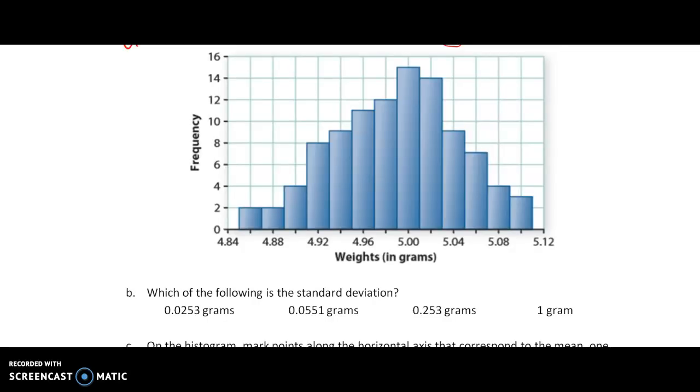First, I should label where the mean is. Up above it said 4.9941, so I find that it is right here. Let me shorten that a little bit, 4.994. And that is your mean.